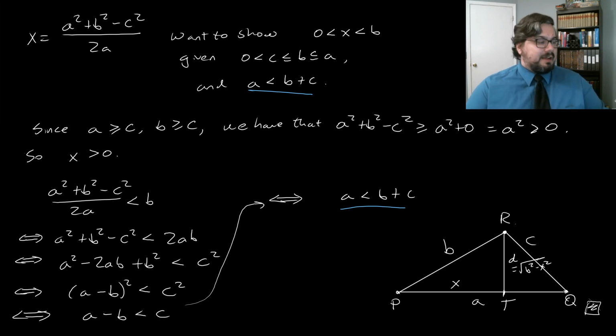So with that, we're finally able to get to the Two Circle Theorem. Theorem 107 is called the Two Circle Theorem.